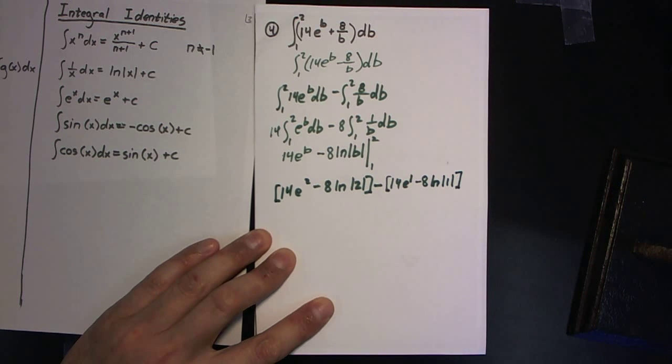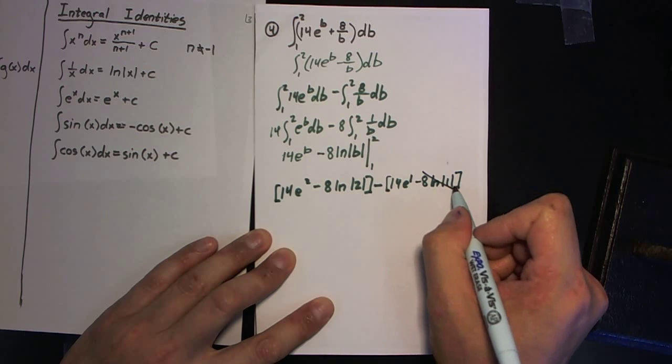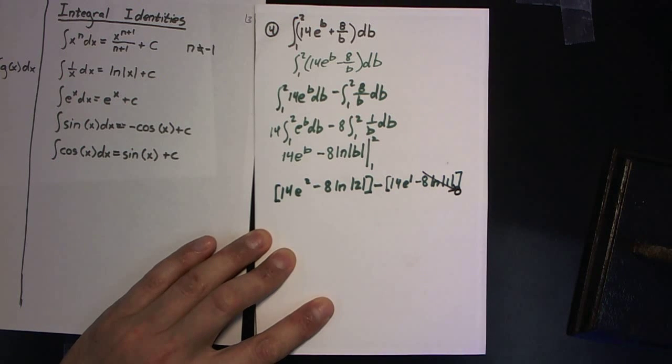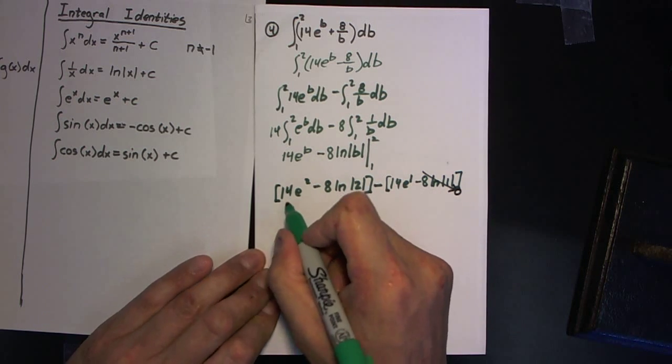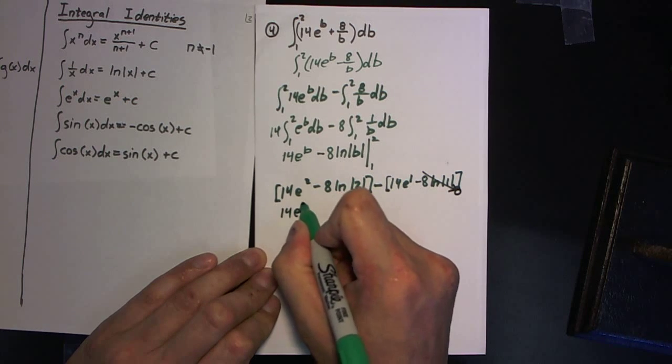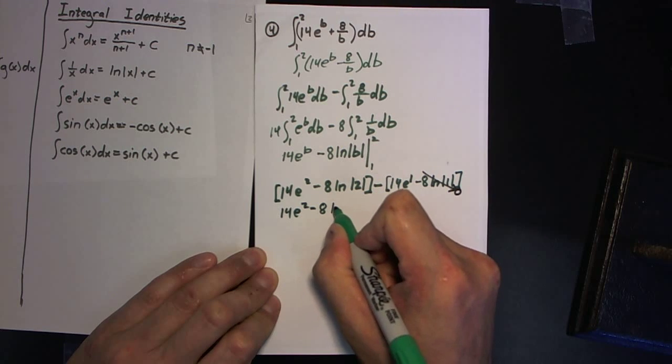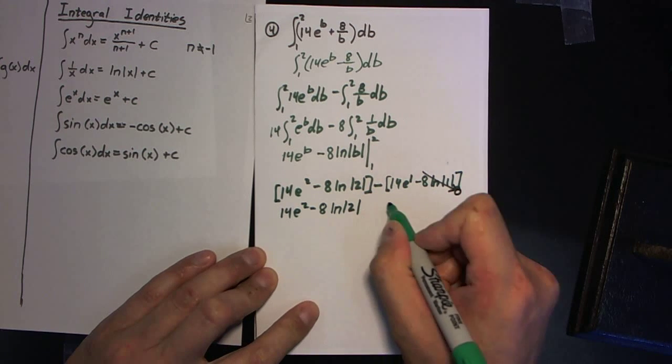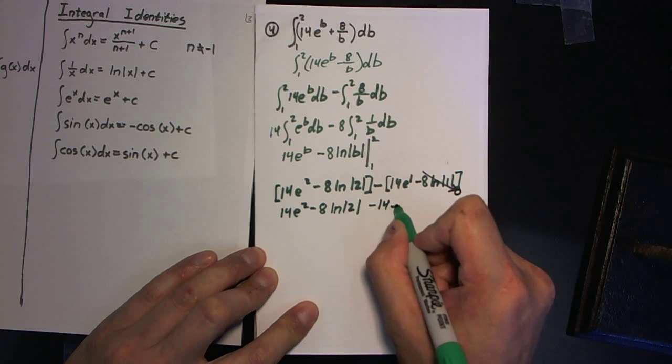The natural log of 1 is an easy function to evaluate. That all comes out to 0. E to the first is just 1. This stuff you can't clean up at all, so you get 14e squared minus 8 times the natural log of the absolute value of 2 minus 14e.